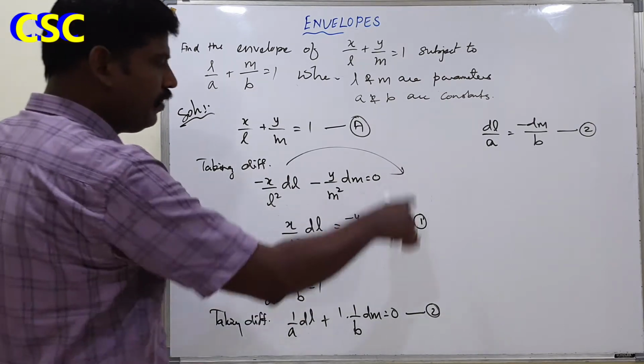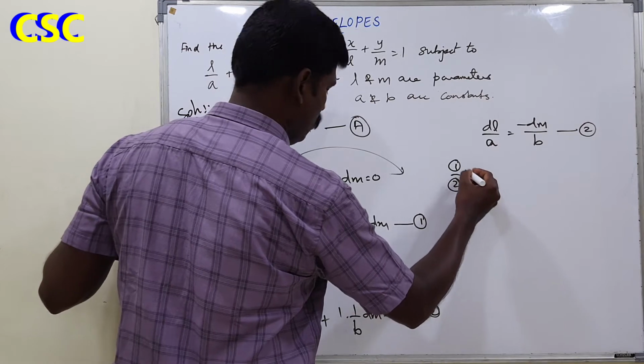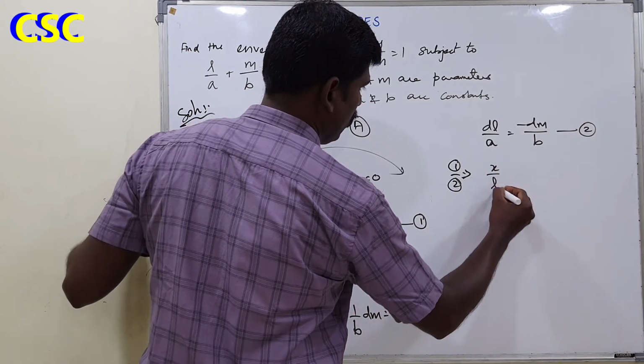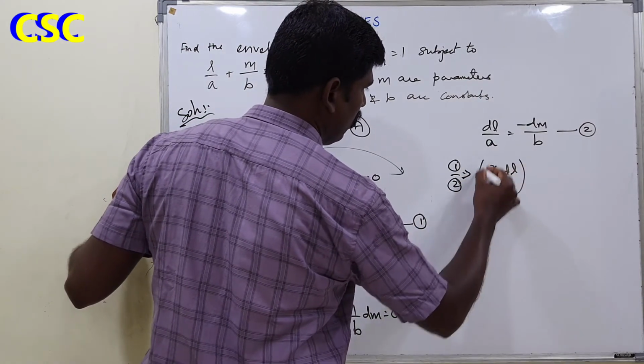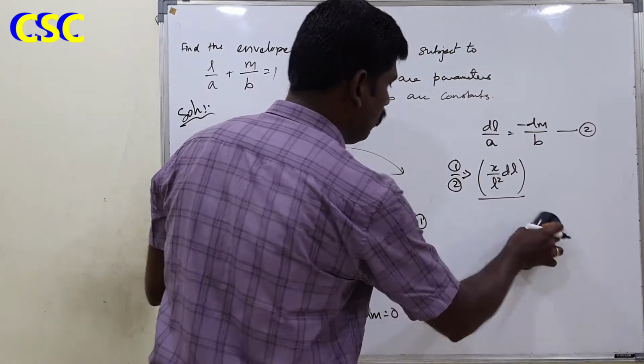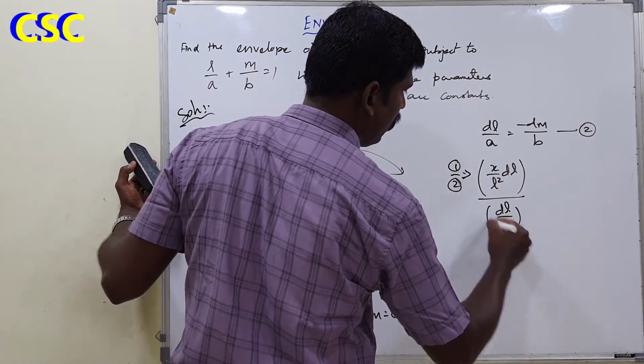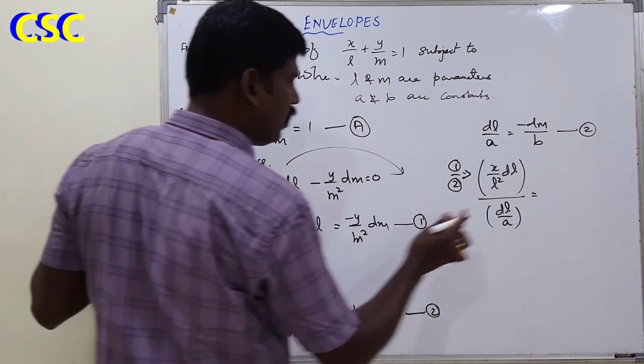Okay. Shall we divide 1 by 2? 1 divided by 2, what will we get? X by L square into dl by dl by A equal to, what is on the right hand side of 1?